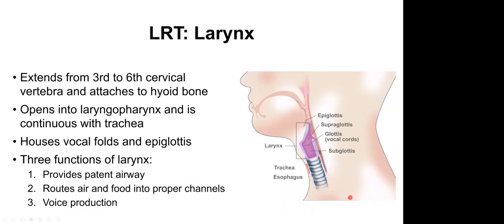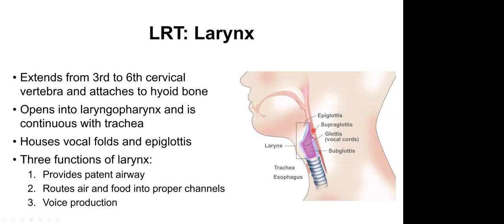All right, so let's talk a little bit first about the larynx. The larynx goes from approximately the third to the sixth cervical vertebra and is also attached to the hyoid bone. It opens into the laryngopharynx, which again is just behind the larynx, behind the epiglottis region, the part that my spotlight is on right now.